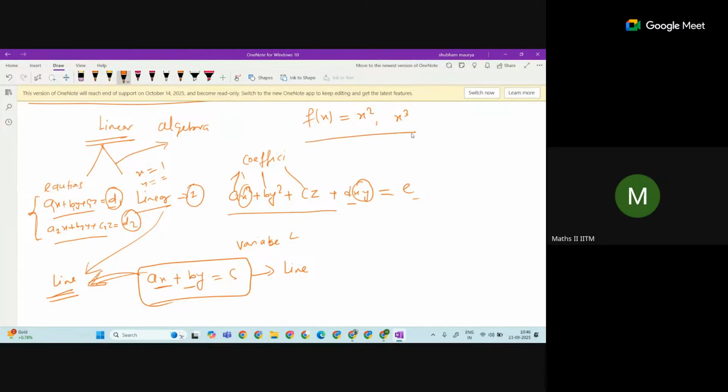Maths one already taught functions, you know. But the case is, if you think of a function, let's say I am putting 2 variables as input, and I am writing ax plus by.